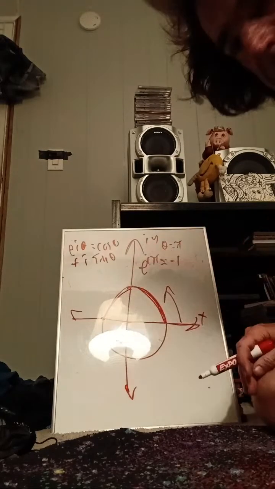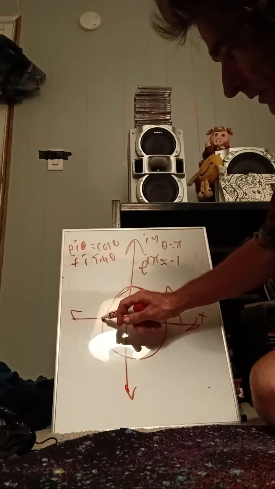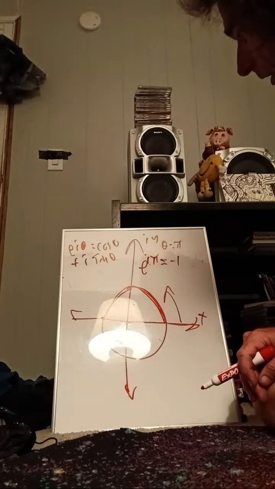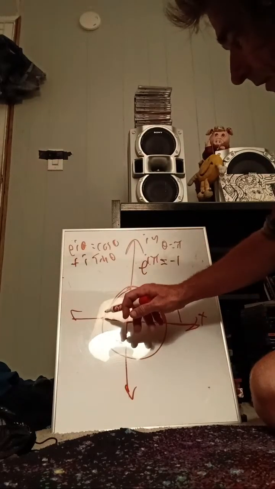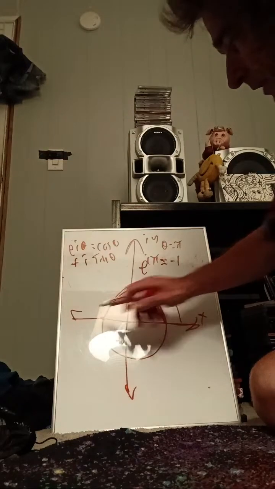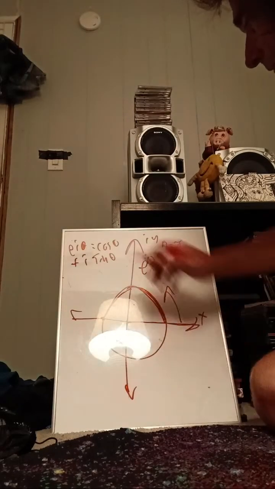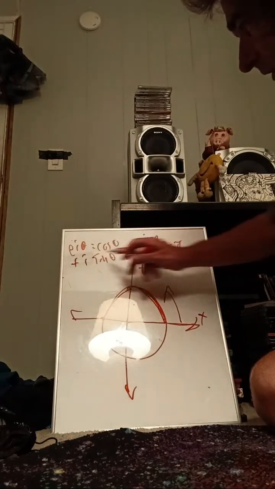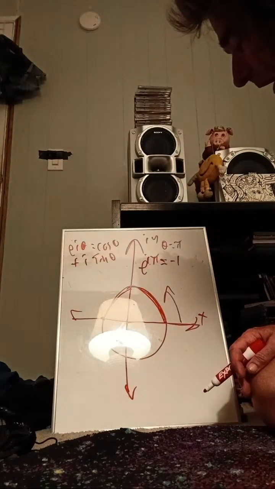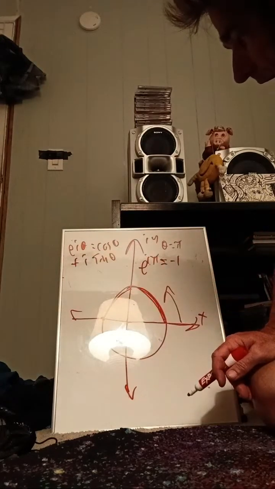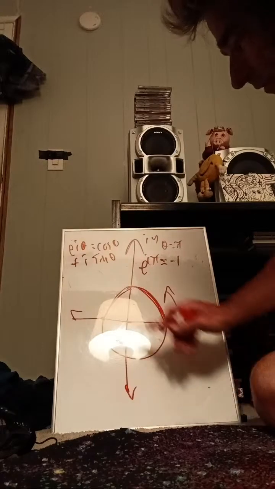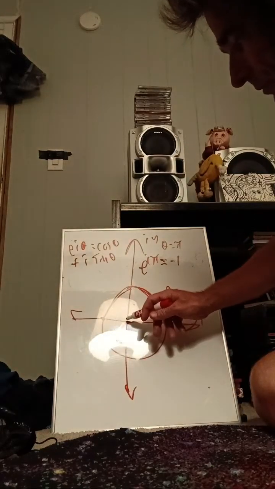The radius of the circle is 1, so you are at -1. So cosine theta, if theta is pi, is -1, then plus i sine theta. Well, i sine theta: sine is the y value, and it's 0 because if you're on the x-axis, the y component is 0.